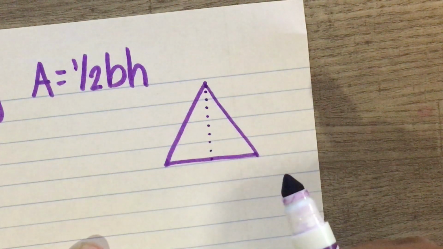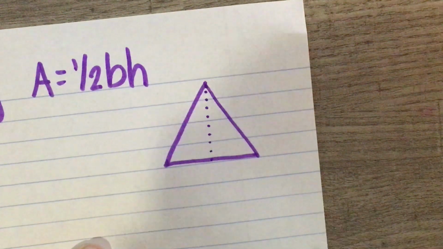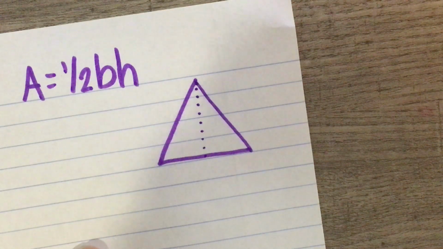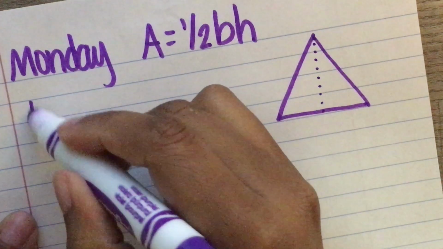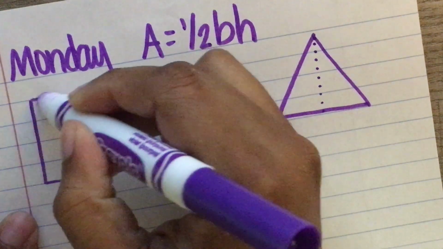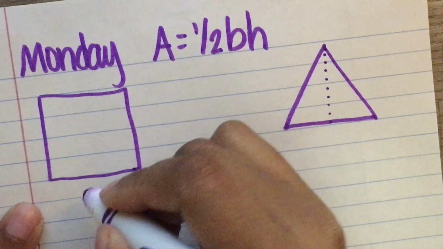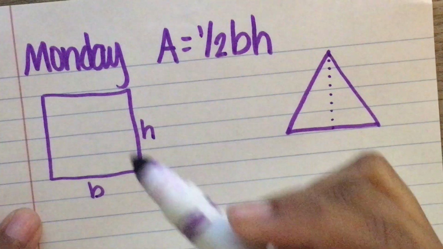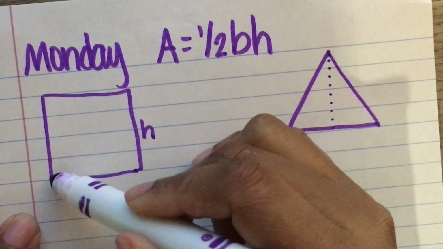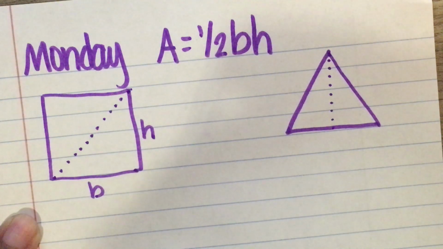So to find the area of a triangle, you have to find half the base and multiply it by the height. And that formula comes from the fact that if you have a square, the formula for area of a square is base times height. Well, a triangle can be made by cutting a square in half diagonally.